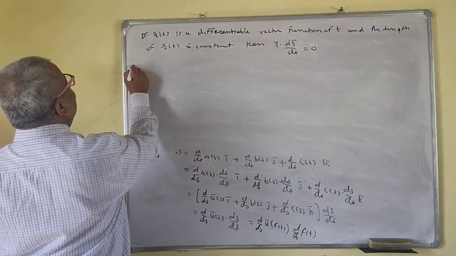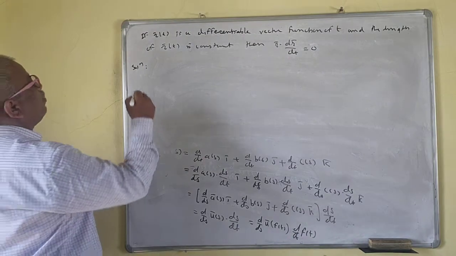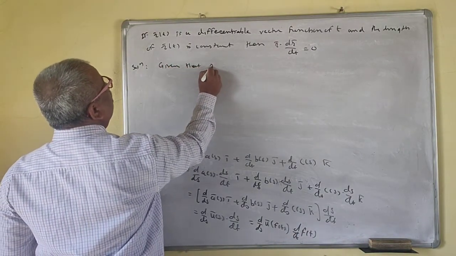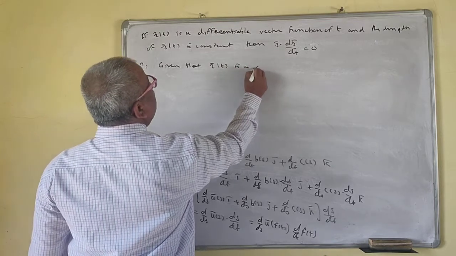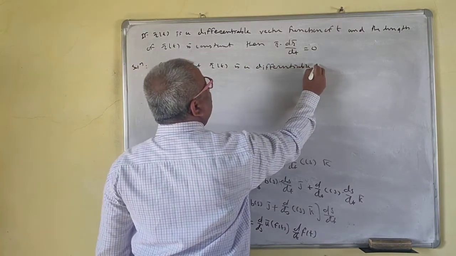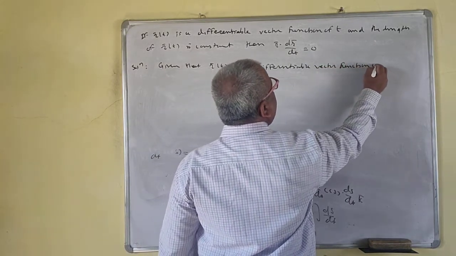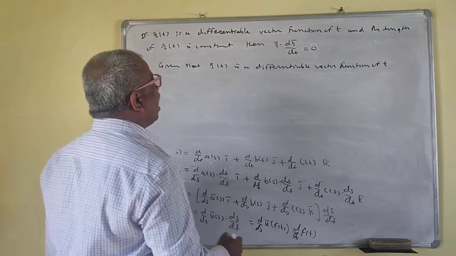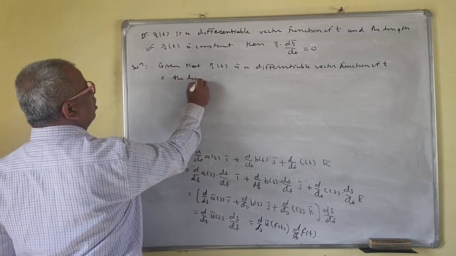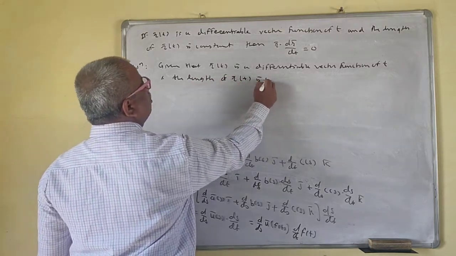Okay, so the solution or proof. Given that r bar of t is a differentiable vector function of t, and the length of r bar of t is constant.